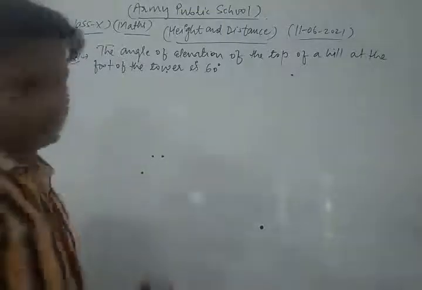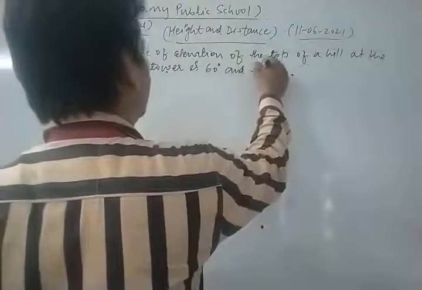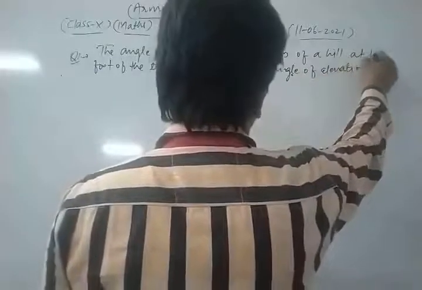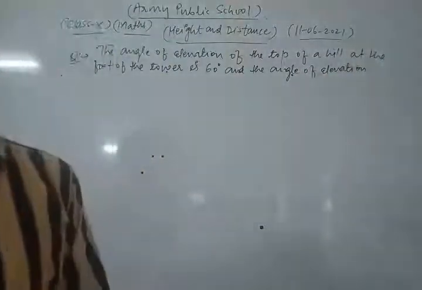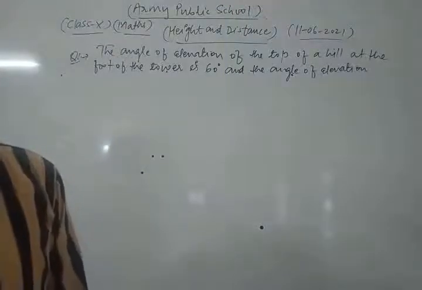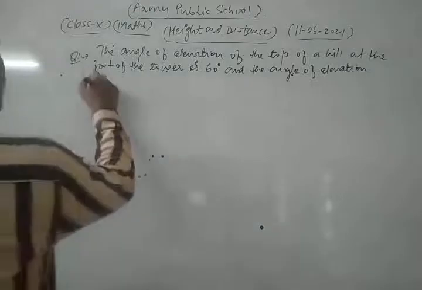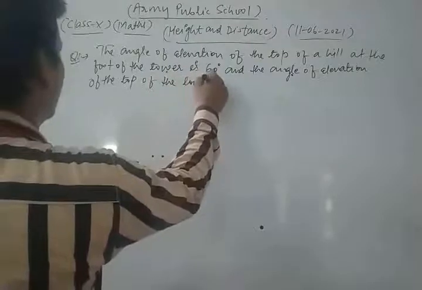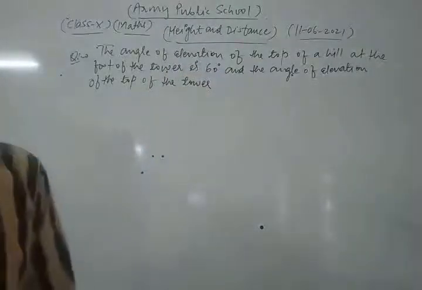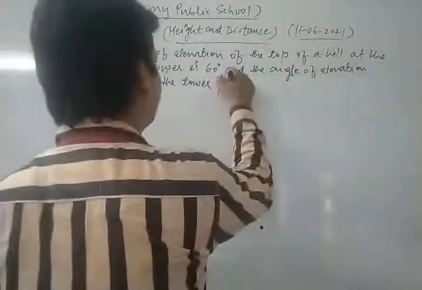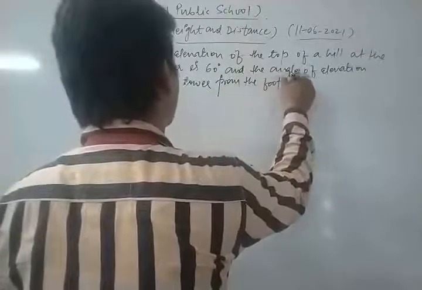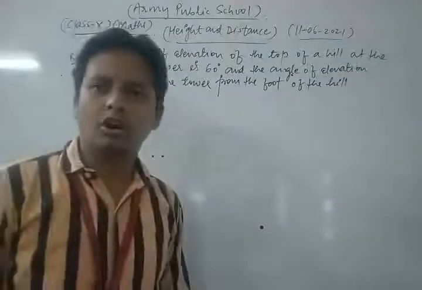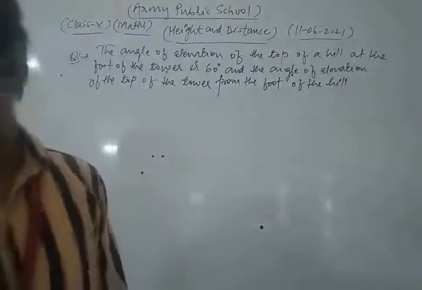And the angle of elevation of the top of the tower from the foot of the hill is 30 degrees.